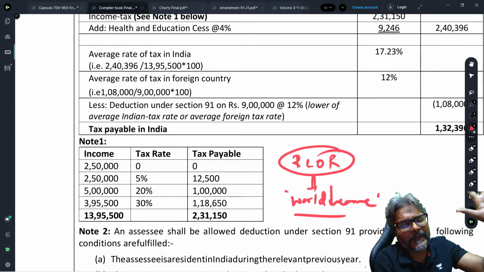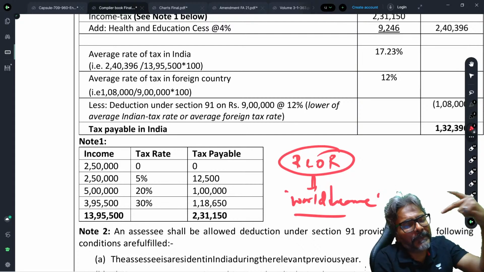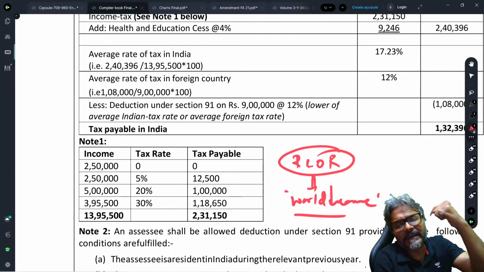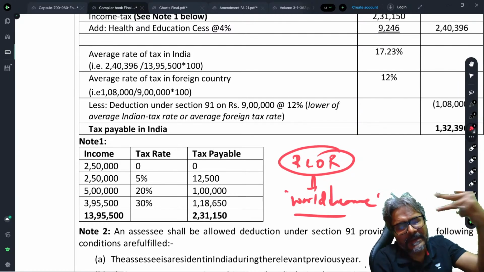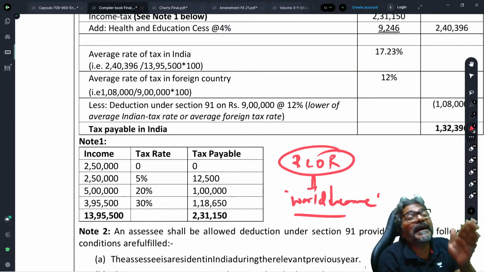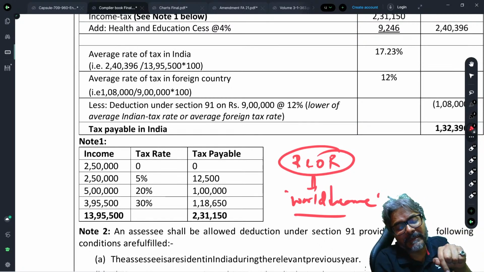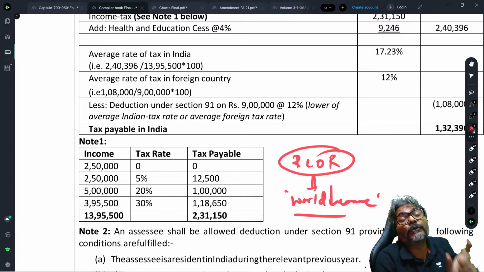Keep this in mind: dividend income, interest income, capital gains income, and salary income. Repeat with me: dividend, interest, capital gains, and salary income. For these four incomes, you will take the TT buying rate as on the last date of the preceding month. Preceding to which month?